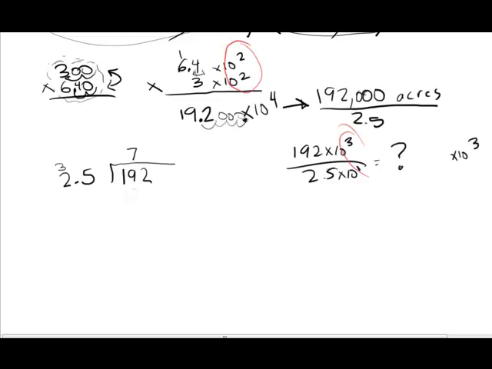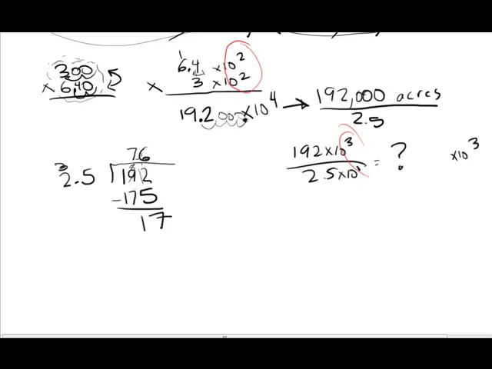Let me try that again. 7 times 5 is 35, carry the 3 over here. 7 times 2 is 14, plus the 3 is 17. So I'm going to carry the 1 over here to make that a 12. That becomes an 8. 12 minus 5 is a 7. 8 minus 7 is a 1. 1 minus 1 is 0. So we're left with 17. We just found out that 7 times 2.5 is 17.5, so we know that's too big.